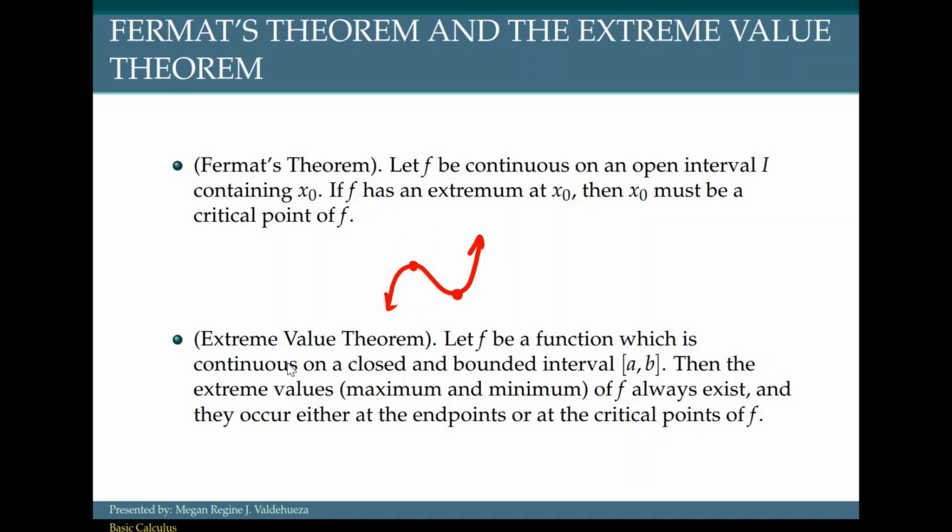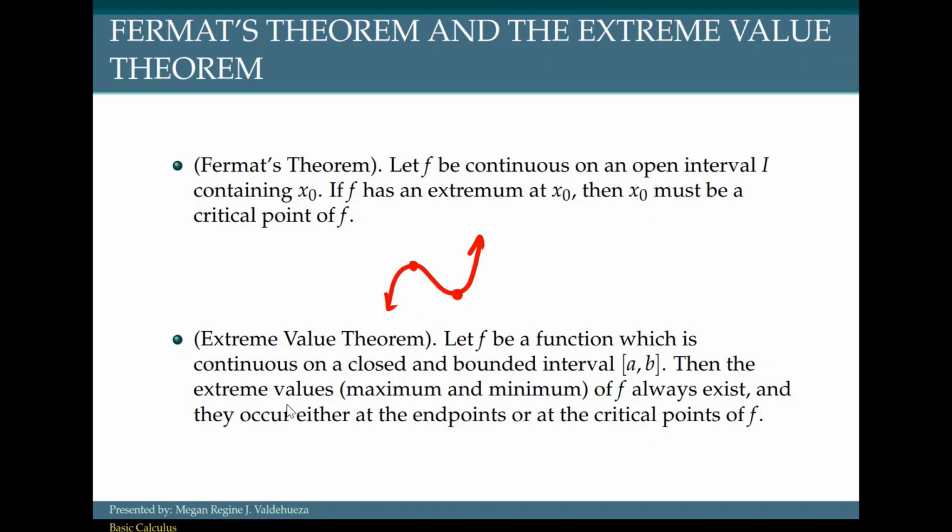Another theorem is the extreme value theorem. Let f be a function which is continuous on a closed and bounded interval AB. Again, the function is continuous on a closed and bounded interval AB.